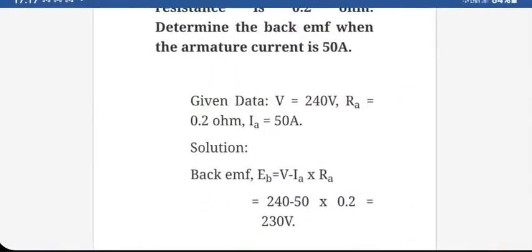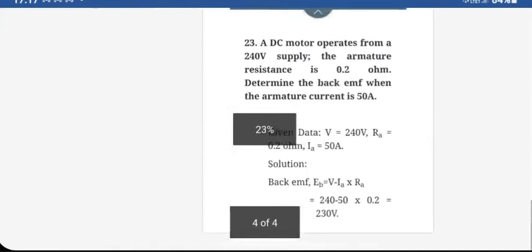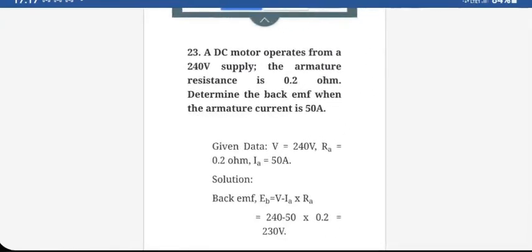This equation. We are ignoring, of course, brush drop. EB is VT. They are calling it V, I call it VT. EB is VT minus IARA. And this, by the way, would apply no matter whether the motor is shunt excited or separately excited. For series excited, it's a different case.